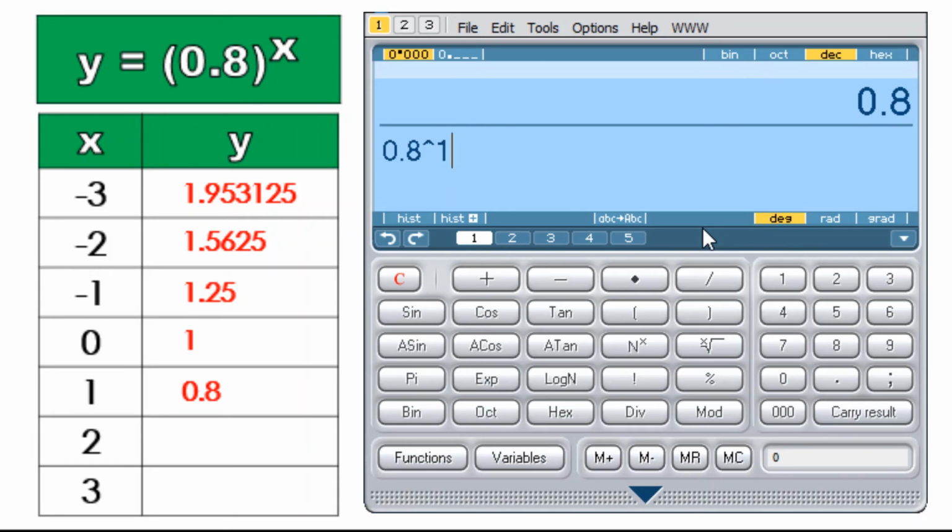When the value of your x is 2, the value of y is 0.64. And the last one, if the value of x is 3, the value of y is 0.512.